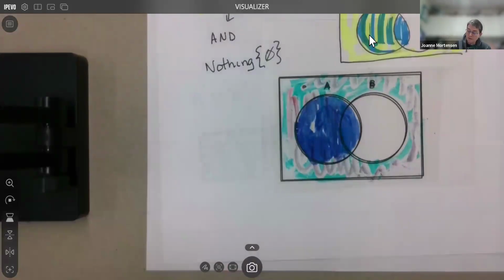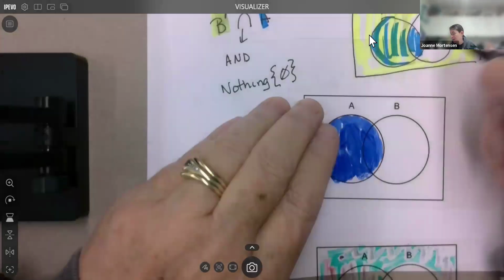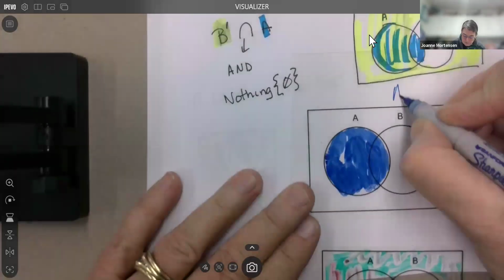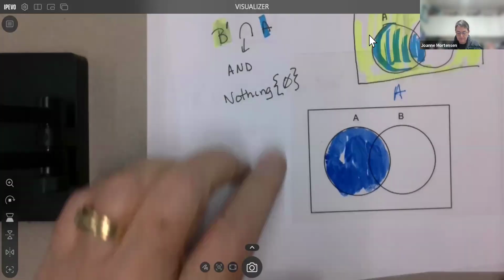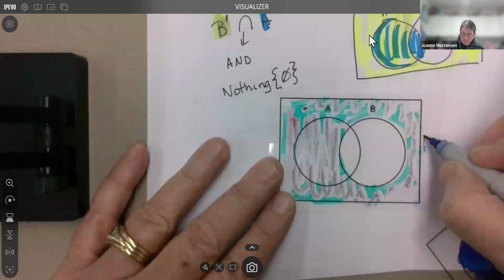And I think the other thing I want to do is, if I were making these to work with, I would just get my Sharpie. And I would label this A. And I would put B prime.